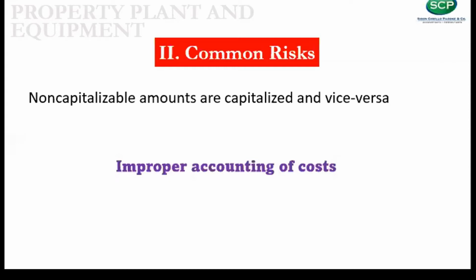For example, cost of opening a new facility or administrative costs cannot be included in the cost of fixed assets, while expenses such as import duties should form part of their cost. As auditors, we need to know which costs are capitalizable and which are not.